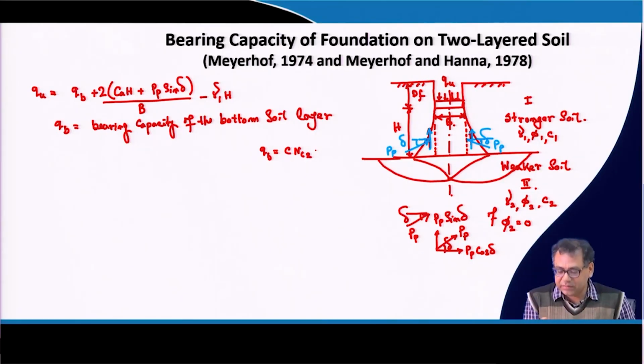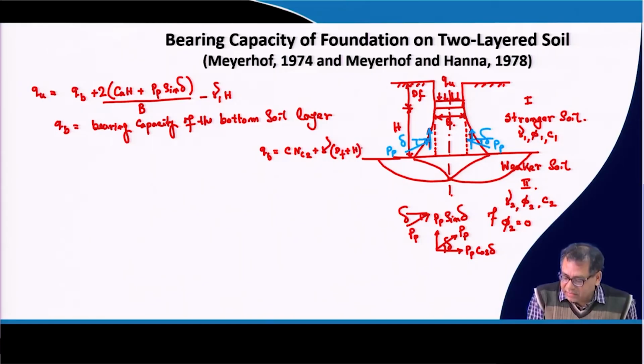And because these depth factors are already taken care of, because along this depth all the resistances are considered, that depth factor also you need to apply. So, it will be C N C 2 plus gamma D F plus H, and for phi equal to 0, N gamma is equal to 0, N Q equal to 1. So, it is 1.